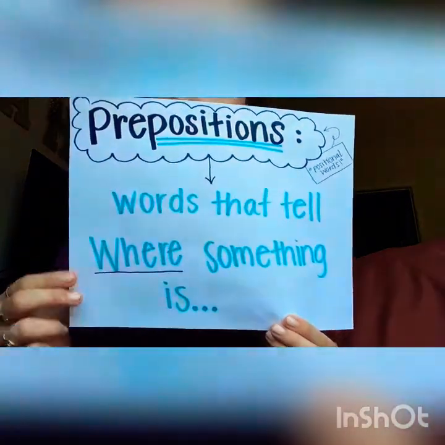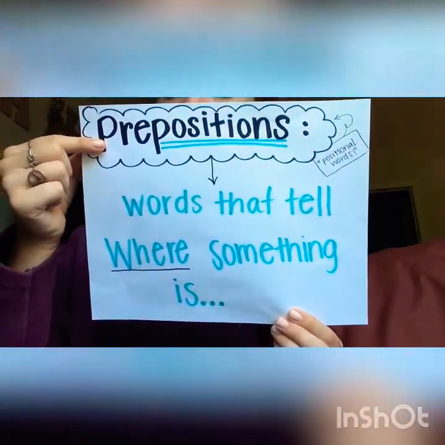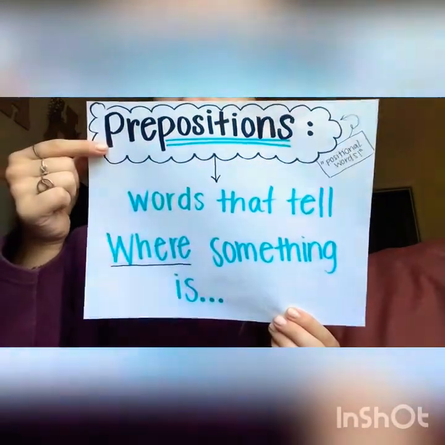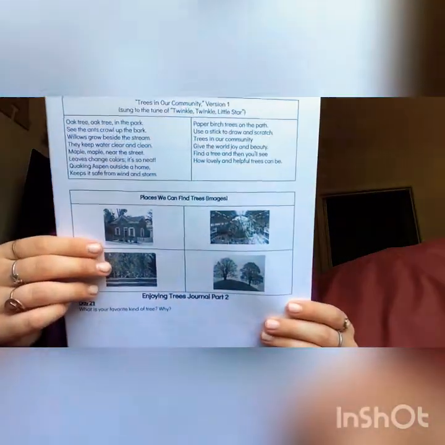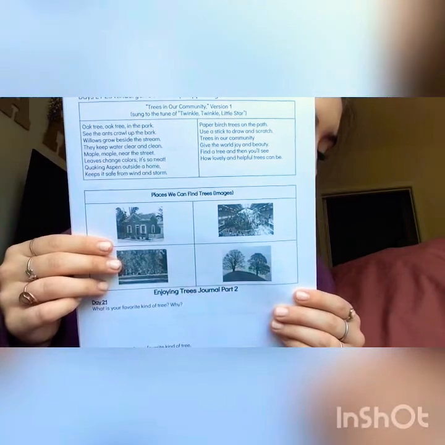We've talked about positional words a lot, how things can be above, below, beside, inside, behind. There's a ton of different positional words, and in the English language those are called prepositions. Say that word with me. Prepositions. Awesome. So you're going to look in that poem for those prepositions, those positional words.